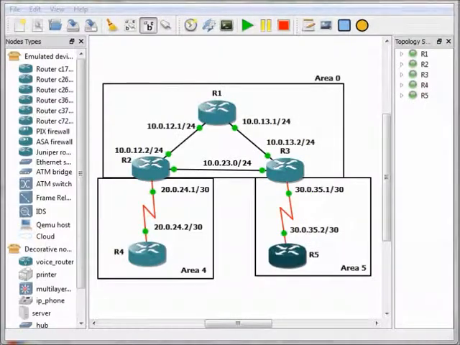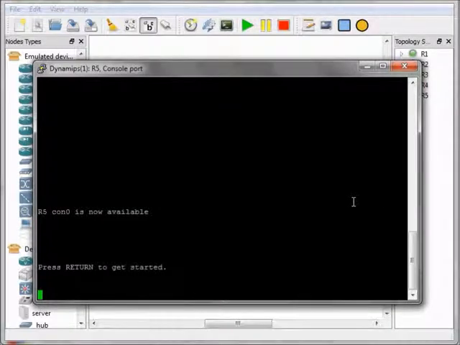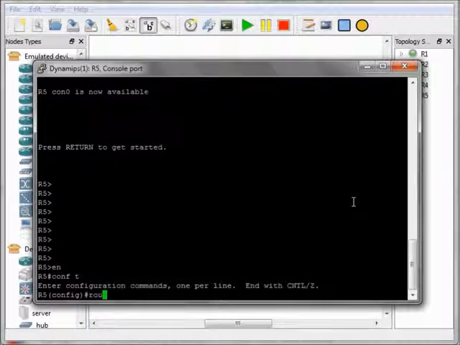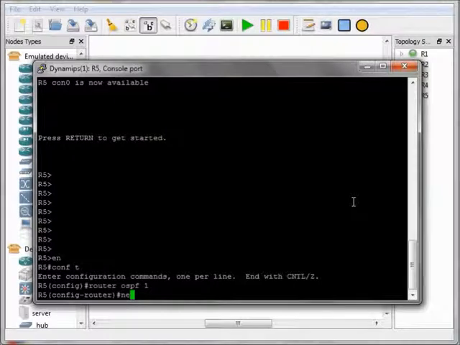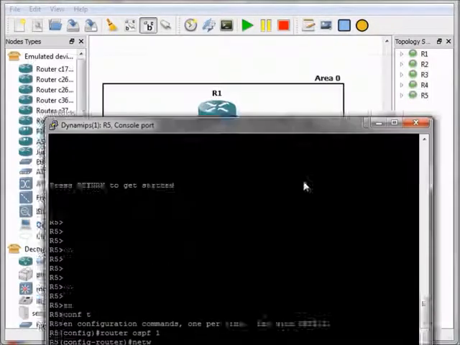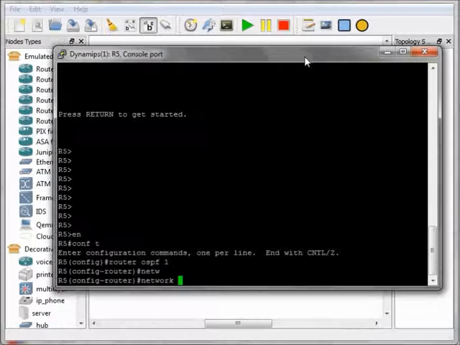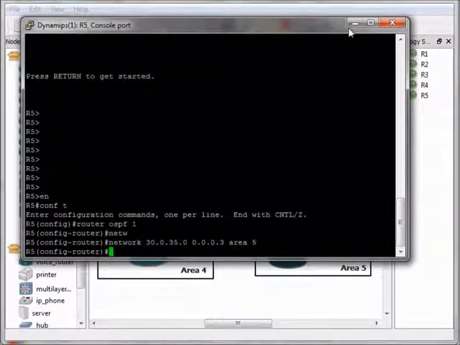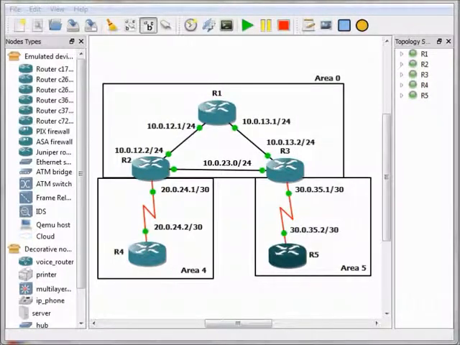And also router 5, which connects only to one network, also privileged mode, global configuration mode, router OSPF 1, network 30.0.35.0 wildcard mask 0.0.0.3 area 5. Now we finished the OSPF configuration on all the routers.